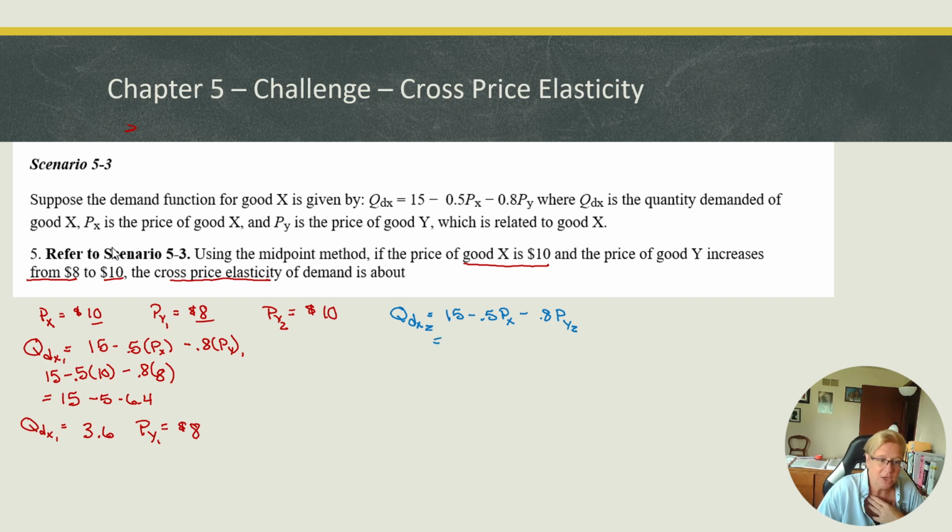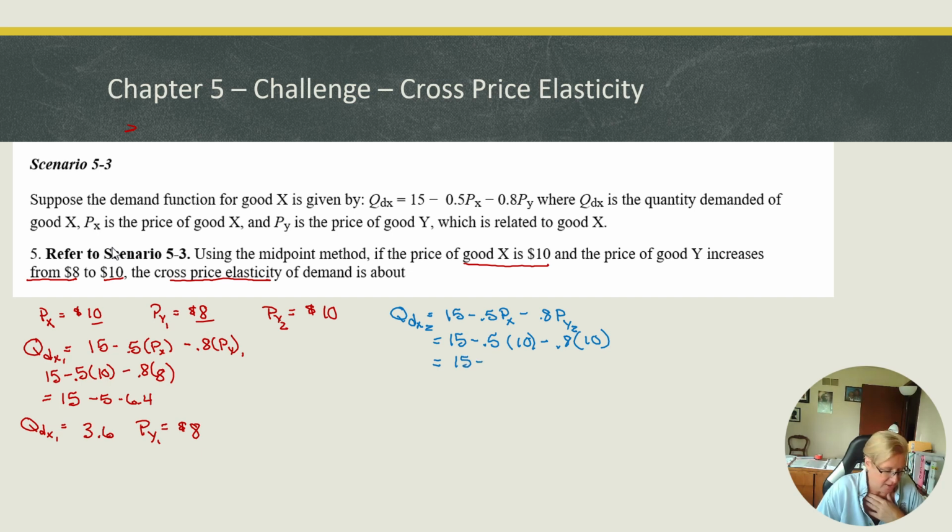Putting in the information that I know: 15 minus 0.5 times 10, minus 0.8 times 10.